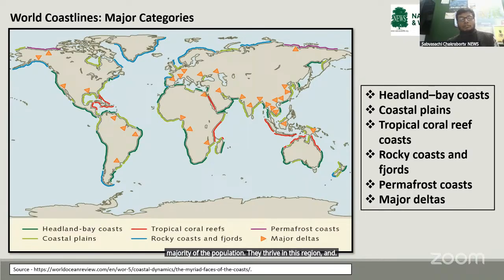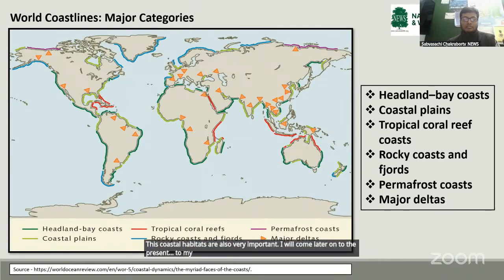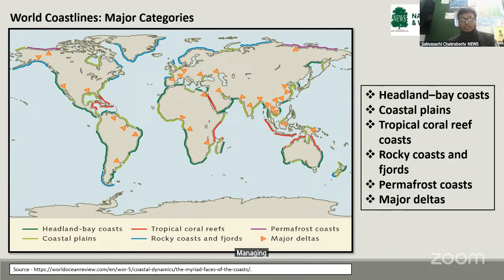And these coastal habitats are also very important. I will come to that later in my presentation. This is very important in terms of managing climate hazards.